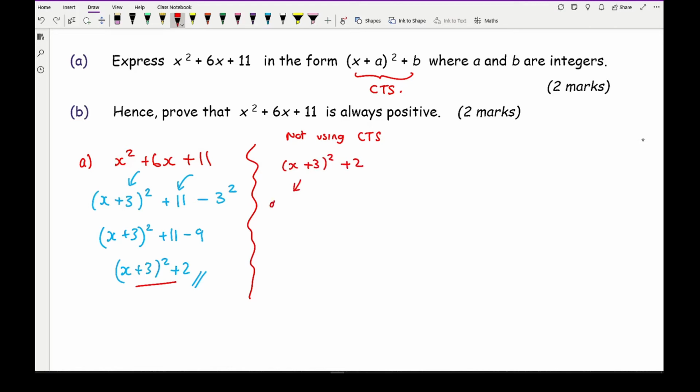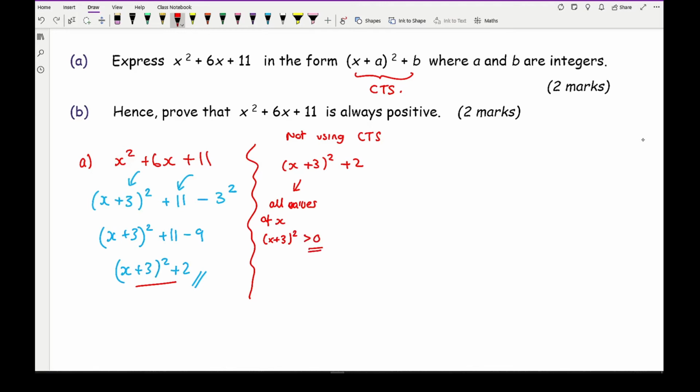Now for all values of x, this bracket (x plus 3) squared has got to be greater than or equal to 0. And that's one of the most important things.